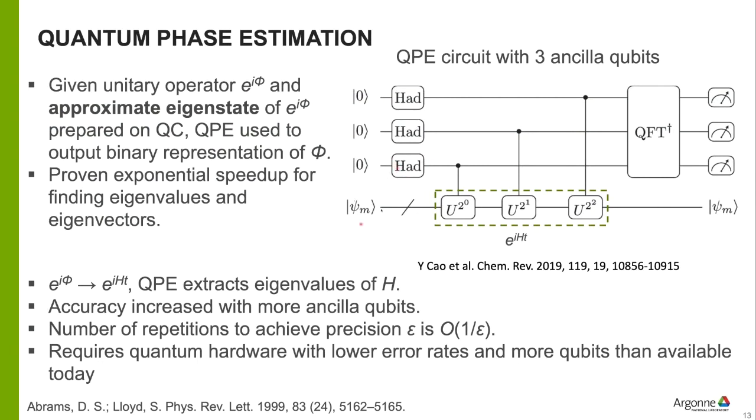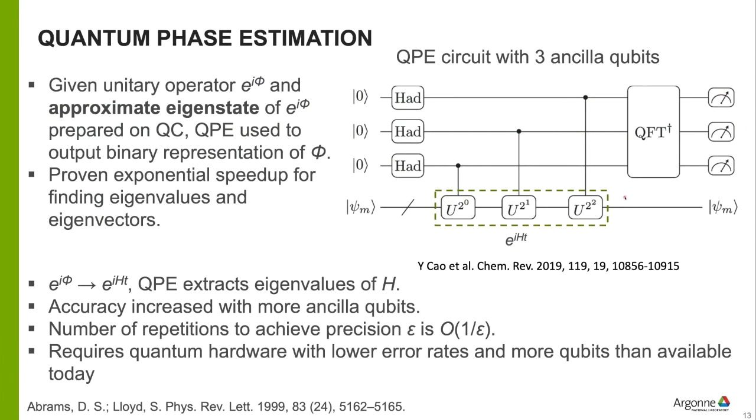The wave function is encoded into this main register, and by applying these controlled rotational gates, you change the phase, and essentially you measure this phase in the end by applying this quantum Fourier transform. You convert from the bit strings of 0s and 1s into phase.